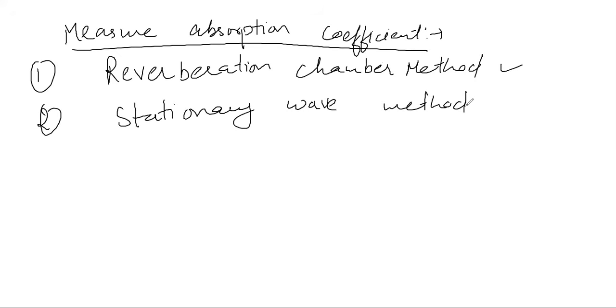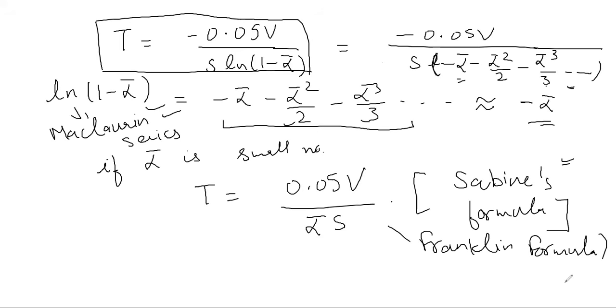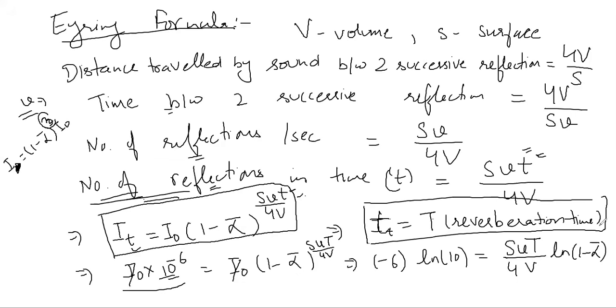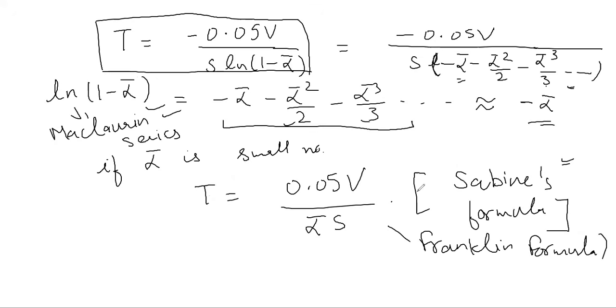Before we proceed further, the derivation of the Eyring formula is not a part of your syllabus. But I didn't want to give you an infinite number of formulas without any background, so that's why we did the derivation. Otherwise, in your syllabus, you just have to know the formula for the Eyring.